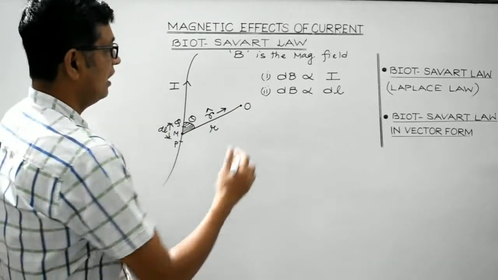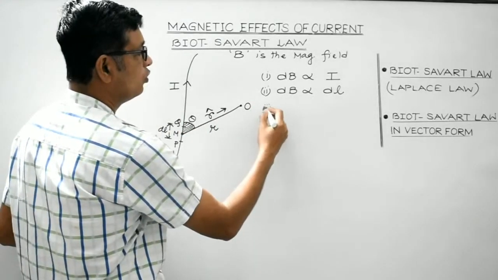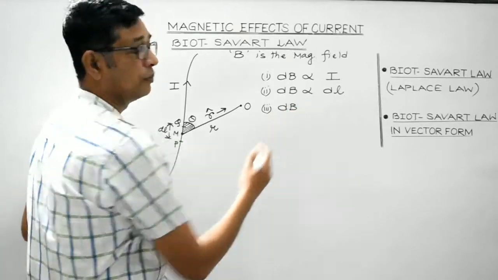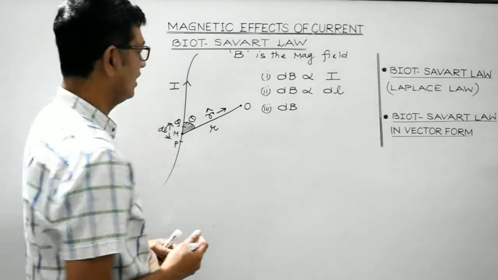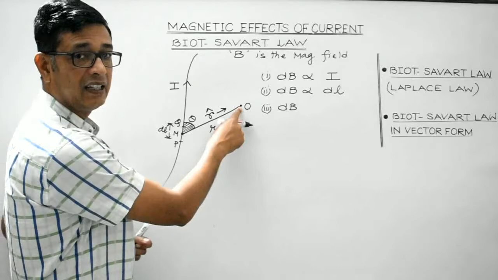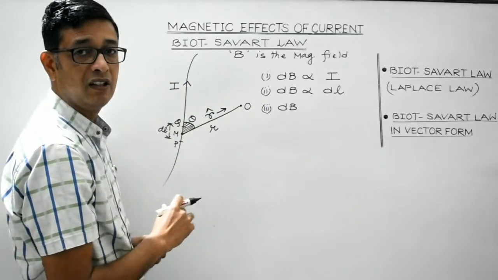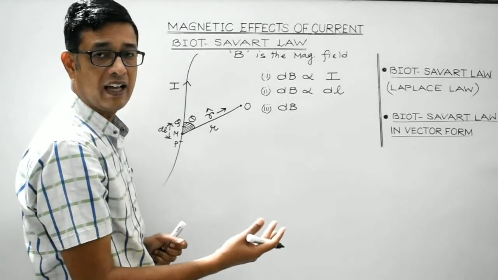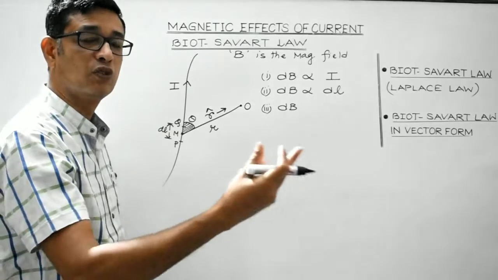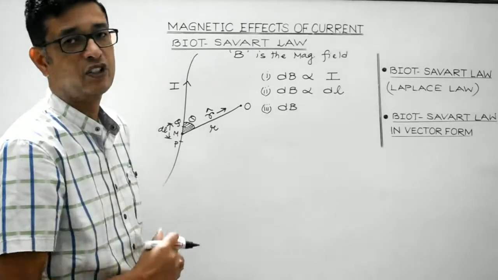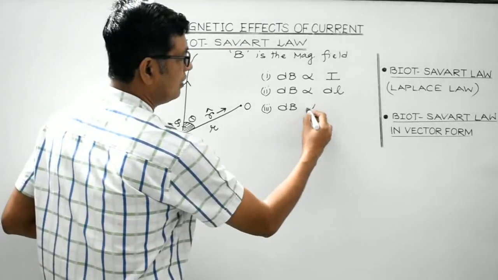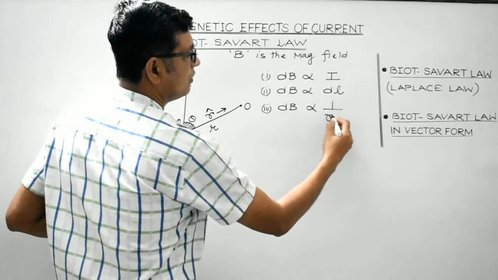Right? And they also observed that it obeyed the inverse square law. That is, the strength of the magnetic field at any given point near a current-carrying conductor varies inversely as the square of the distance of that observation point from the center of the elementary portion. So it obeys the inverse square law.